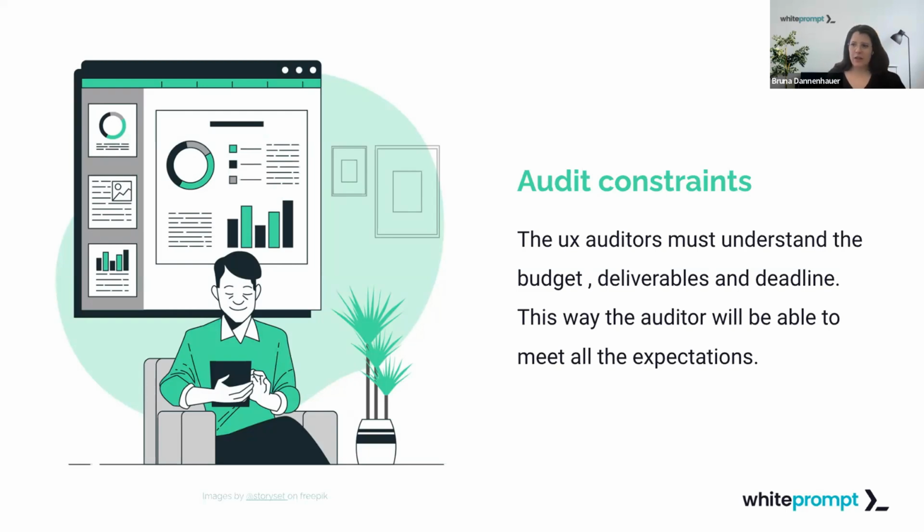Because if you have a lot of time and a big budget, you can hire more auditors, you can have more people analyzing, as I mentioned, you can have some user testing in between, everything that might help. It's where we analyze the constraints, right?